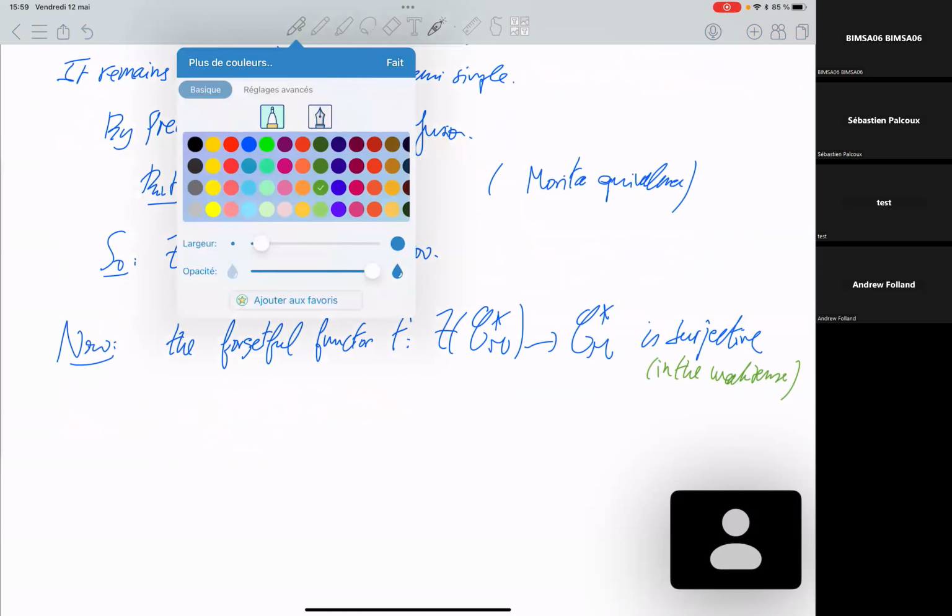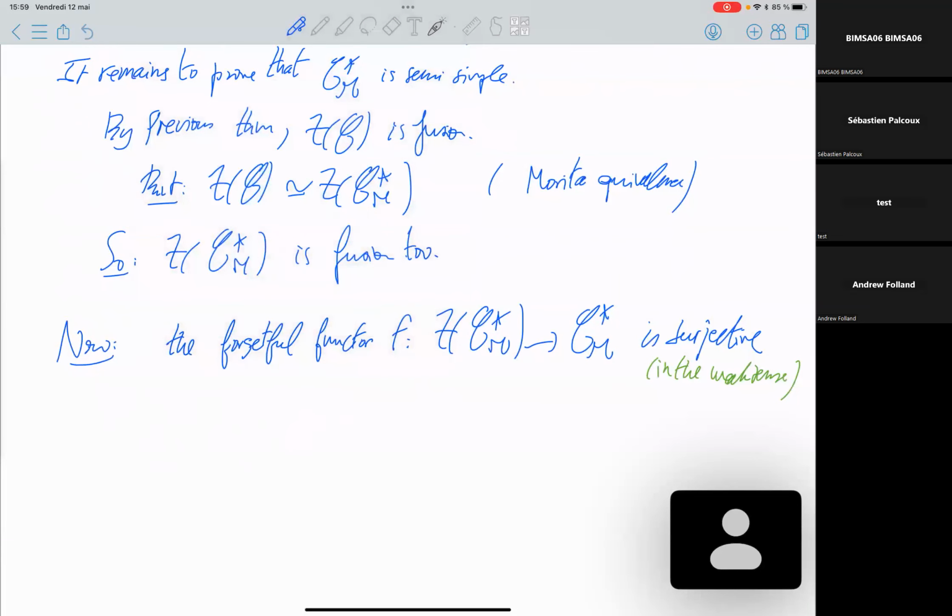So it maps projective to projective objects.